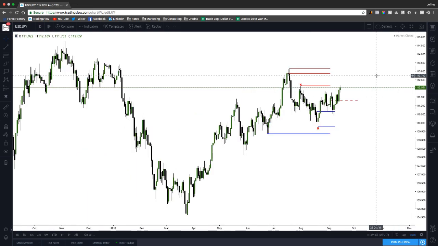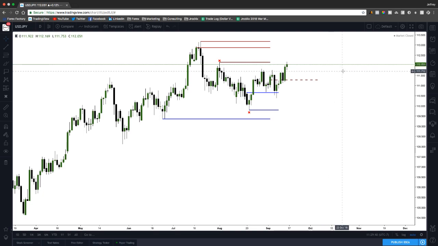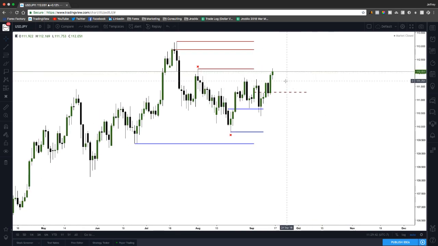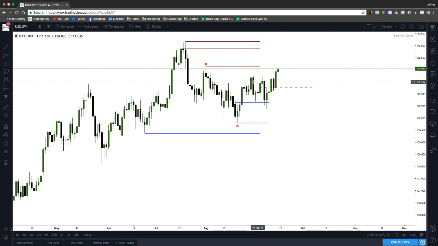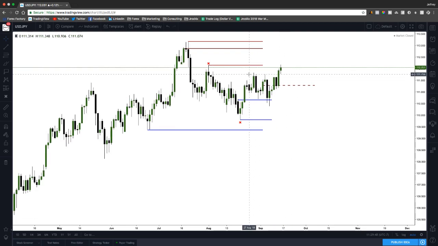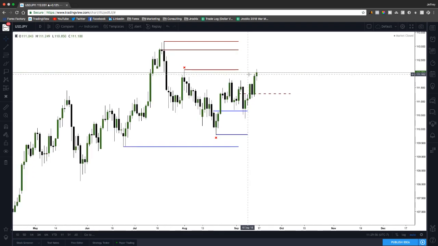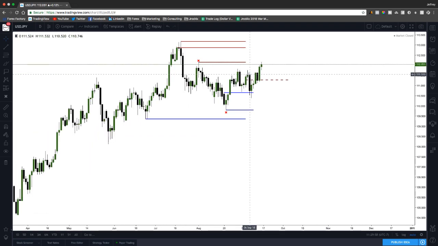All right, so let's move over to dollar yen now, USD JPY. Honestly, now that we're analyzing this pair week by week, it's occurring to me more and more that this pair does not follow dollar index like Euro USD and GBP USD do.